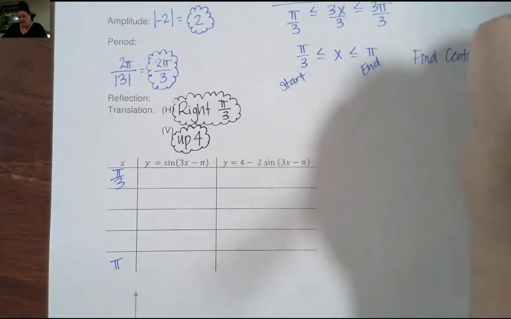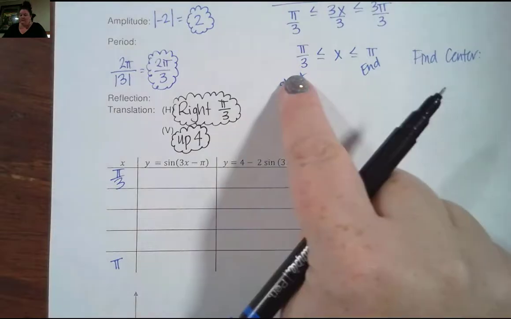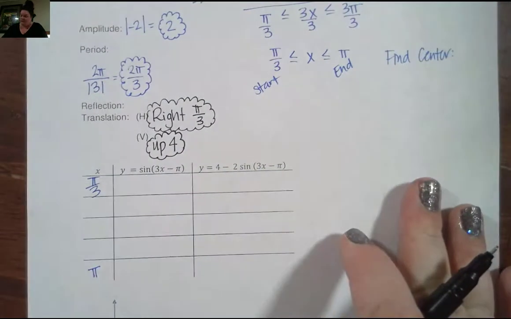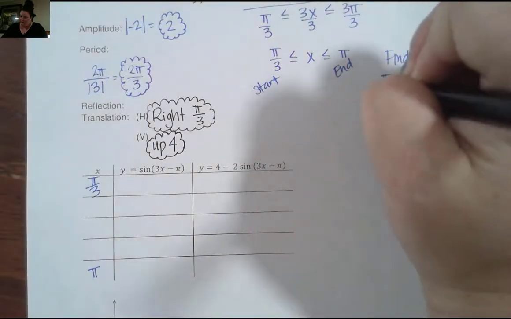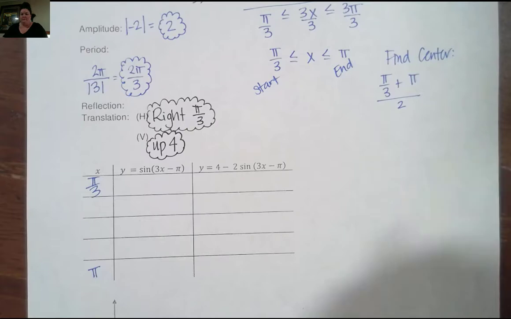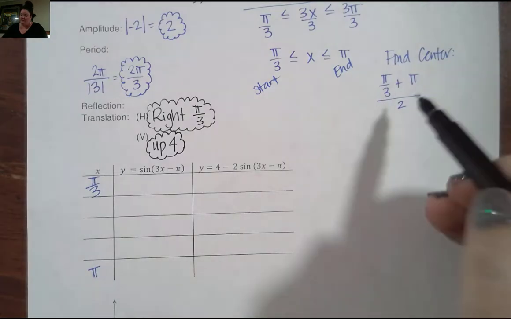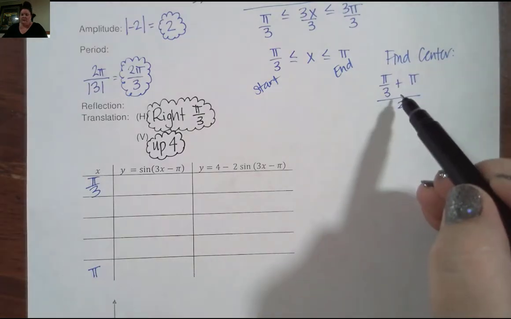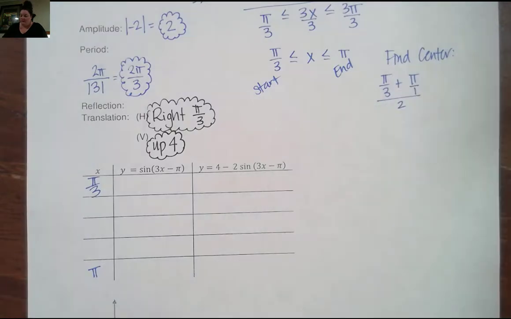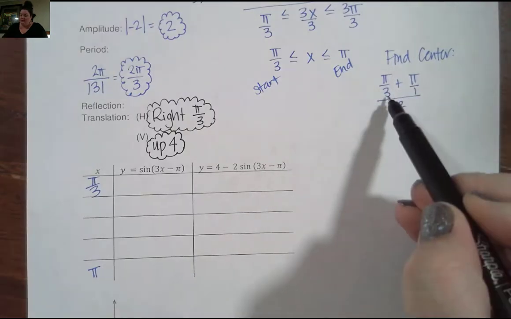Let's find the center. So all I'm going to do is take my starting and my ending point, and I'm going to average them. So pi over 3 plus pi divided by 2. Okay. Now in order to average these, I am going to need a common denominator. So right now this is like pi over 1. My common denominator on top would be 3.